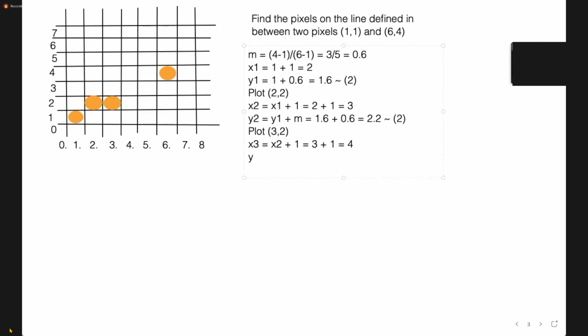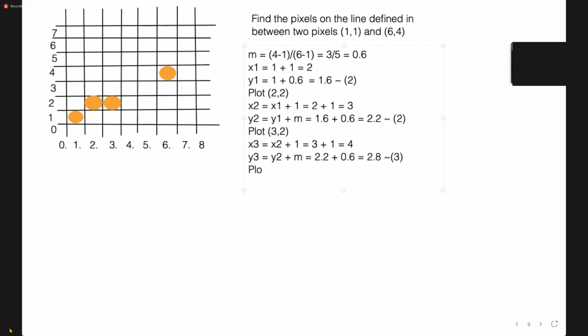Then you have y3, y2 plus m. y2 is this one, 2.2. 2.2 plus 0.6 is 2.8. Approximately that is equal to 3. But the actual value is 2.8.